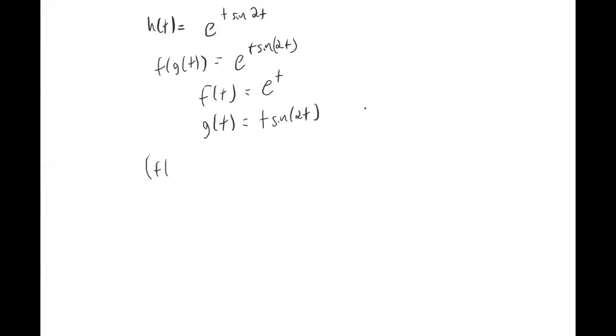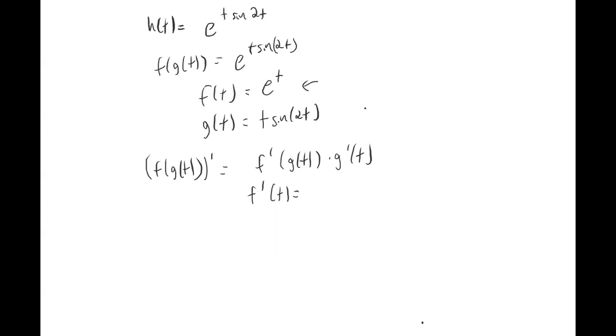So the derivative of this is again f prime of g of t times g prime of t. Now, I made this hard for a reason, but let's see why it's a bit harder. So what's f prime of t? This should be easy. Derivative of e to the t should just be e to the t.